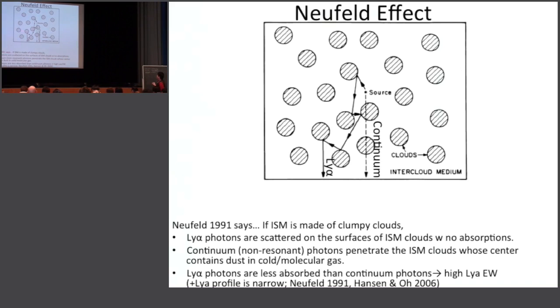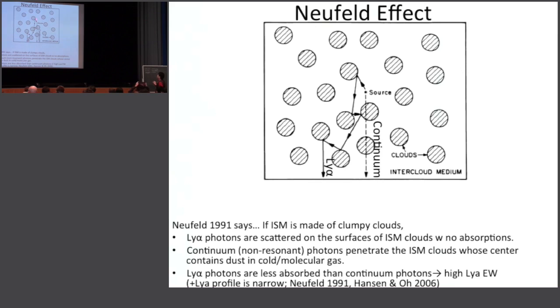Neufeld says that if the ISM is confined in clumpy clouds, and you have a source of Lyman-alpha, then it travels through the medium and is scattered on the surfaces of the clumpy clouds.